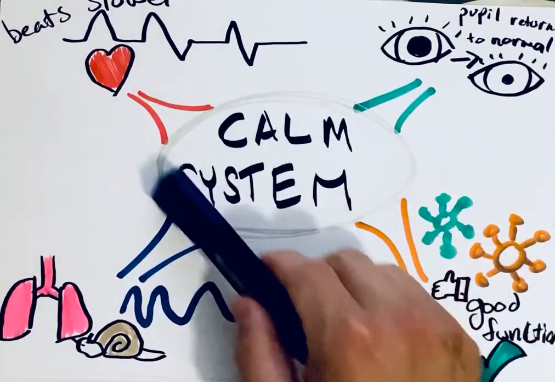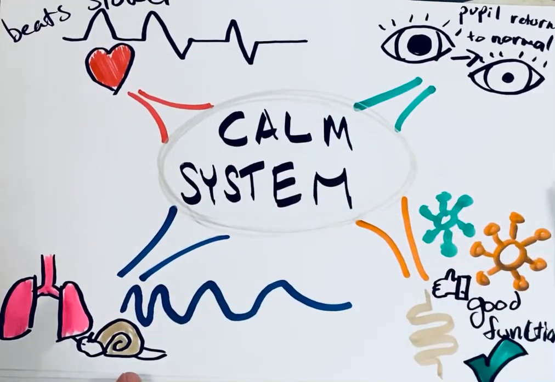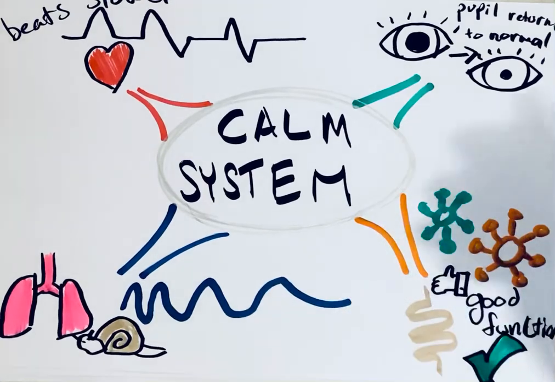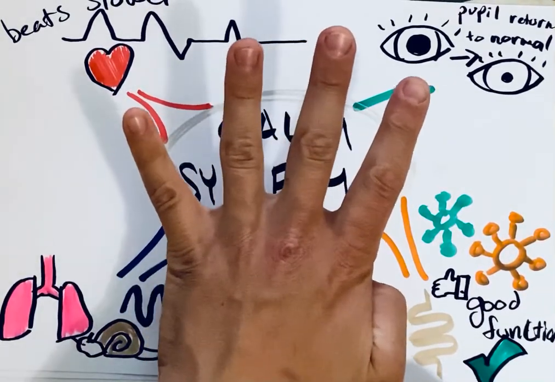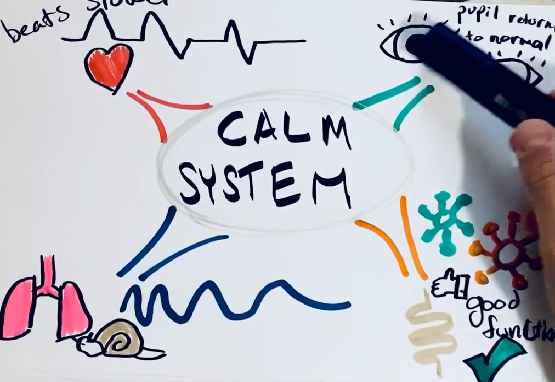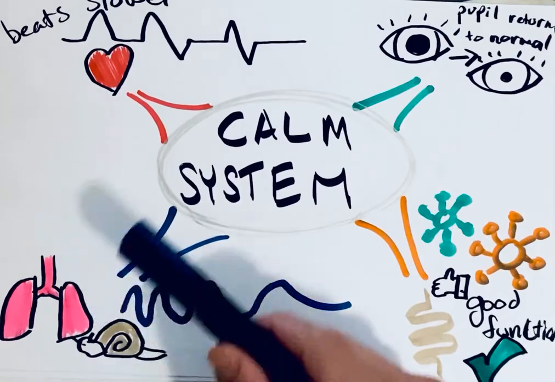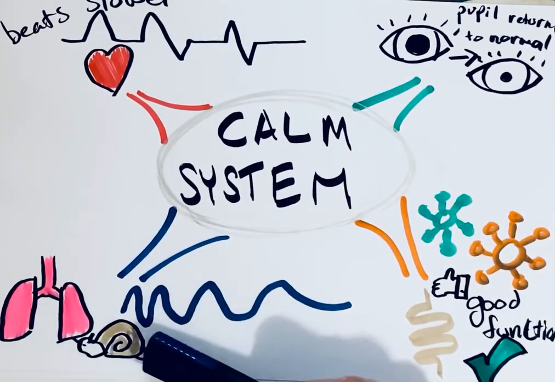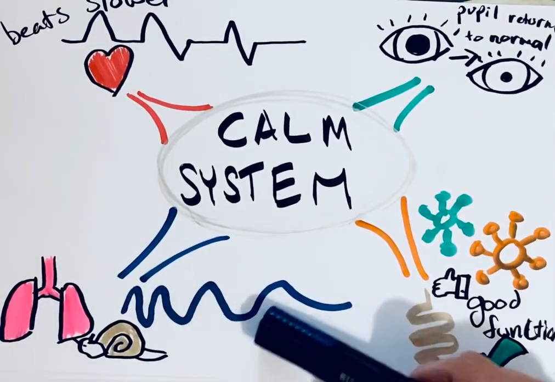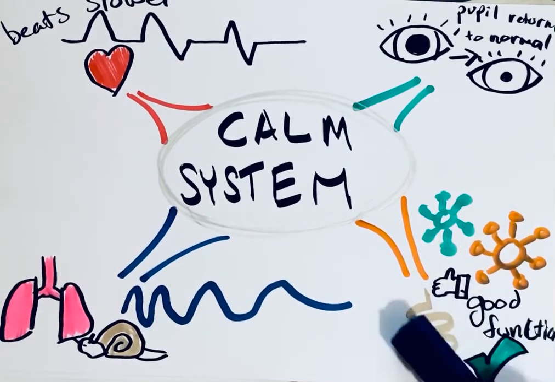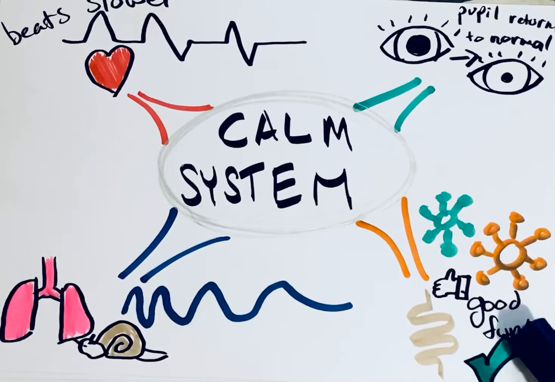We see that a calm system, if we achieve the proper breathing of mindful breathing, which means my mind is calm, my body's relaxed, in slowly, out slowly, causes 4 effects in our body mainly. Our pupils return to normal, our heart beats slower, our breath is slower and deeper, and our immune system and our digestive system have good function.